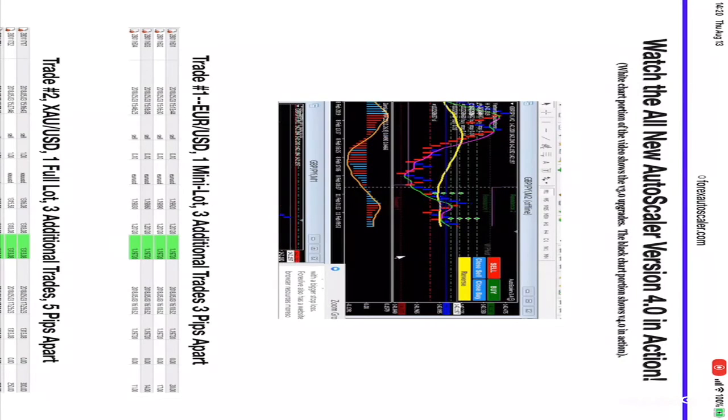Should be in trade number 2 now. And we should see the step stop trigger in another pip or so, since it's based off of the ask prices actually, because we're in a buy trade, so it needs to go up another pip, pip and a half, whatever the spread happens to be on that.